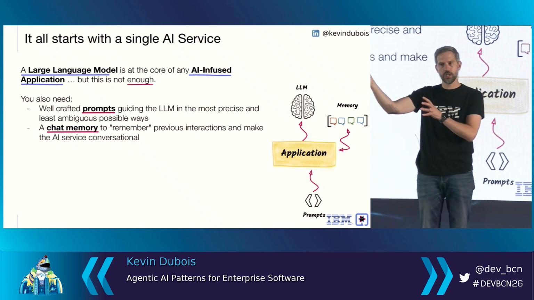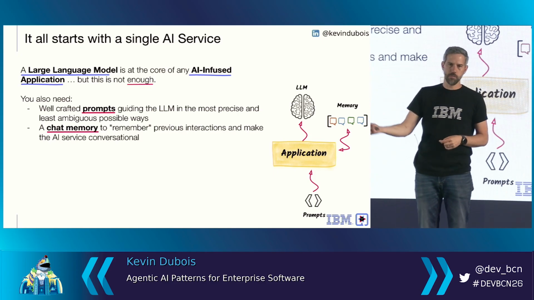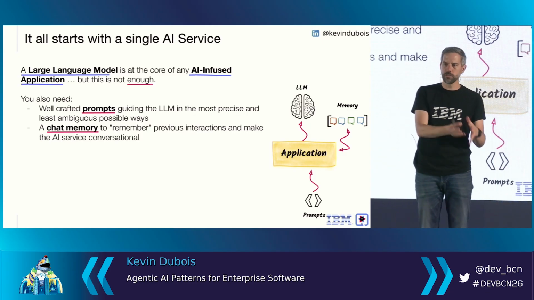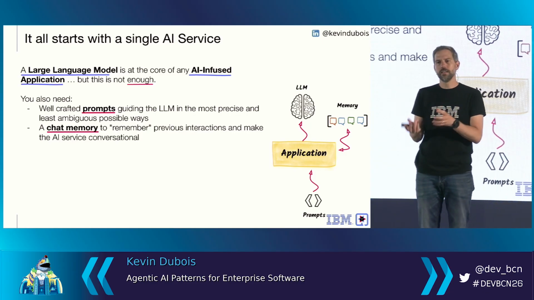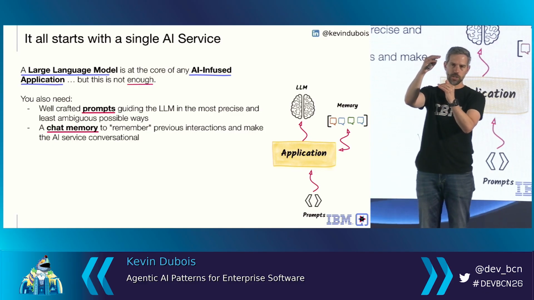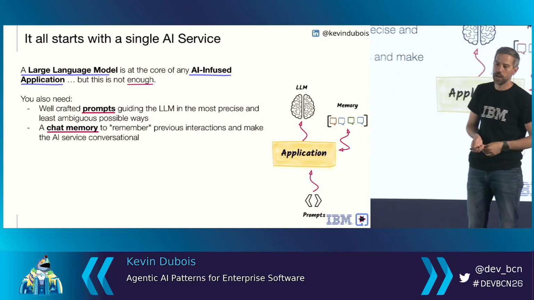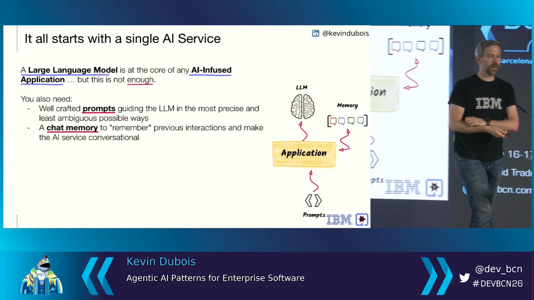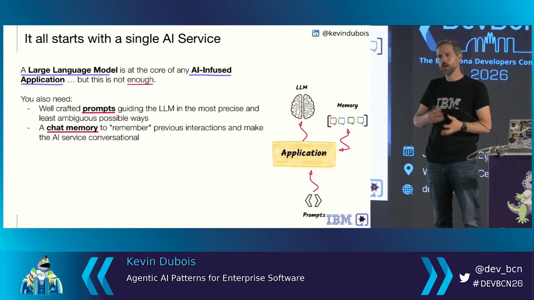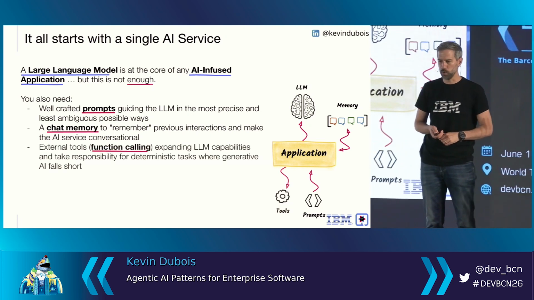So if you send a question, you get the response back from an LLM, and you send a follow-up question in that same session, it's going to remember, because basically your client, your LangChain4j or Spring AI, is keeping track of that conversation and is going to send the previous conversation as part of your new conversation. That's how it keeps track. But it's something you need to be aware of as a developer, because that's not a given. And maybe you want to persist that between different sessions. So chat memory is another important component.